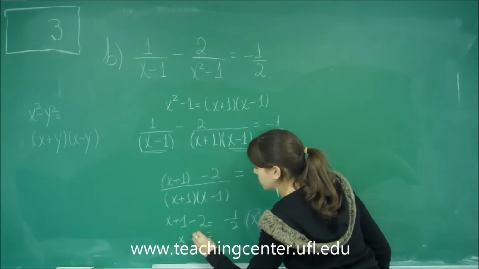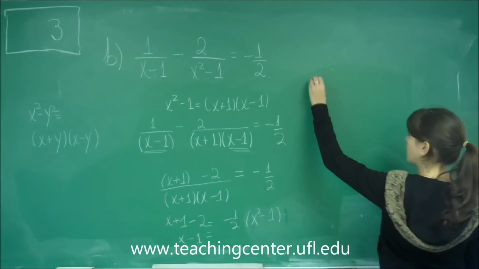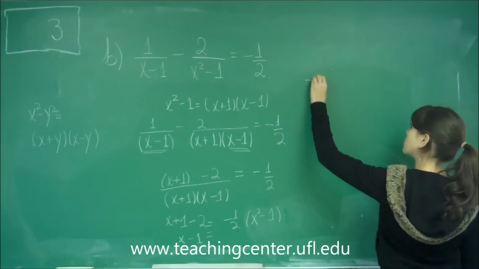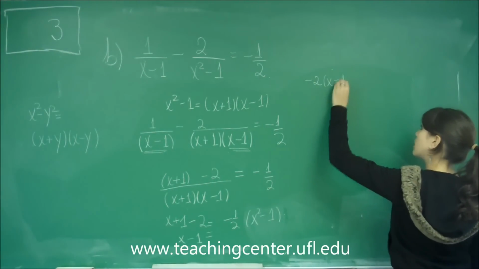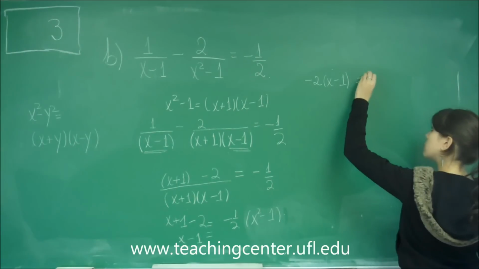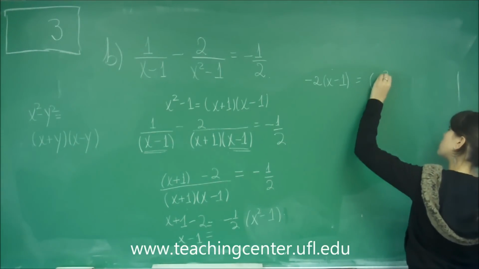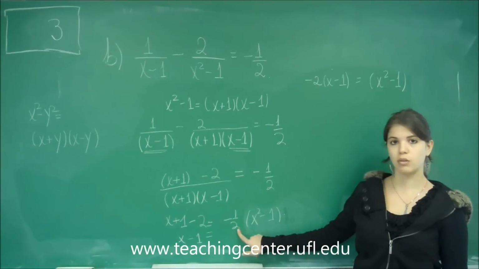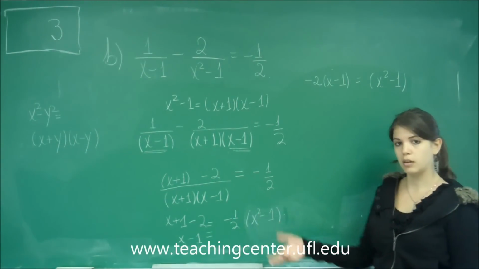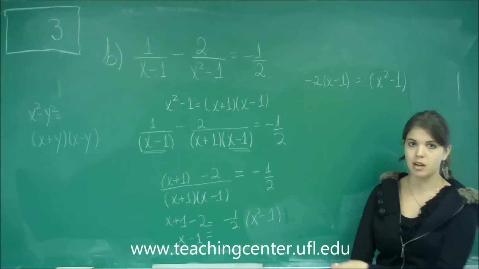So now we have x minus 1 times negative 2 equals x squared minus 1. All I've done is pass the negative 1/2 over to the other side by dividing by 1/2, or multiplying by 2.